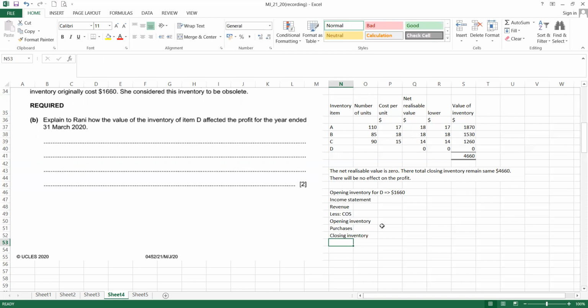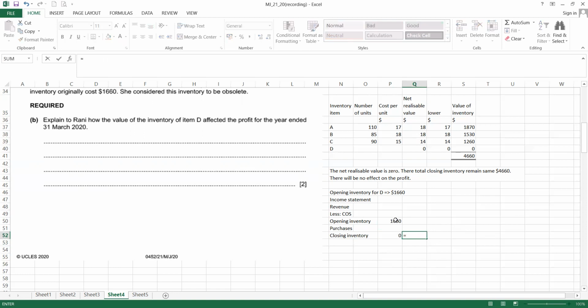Okay, my understanding is that when we have initially recorded 1,660, at the end of the year there is no value for it.